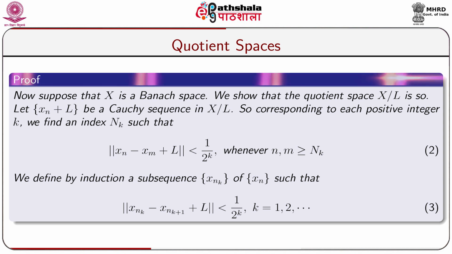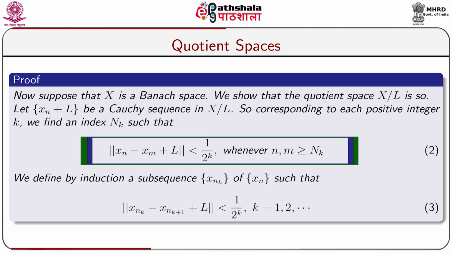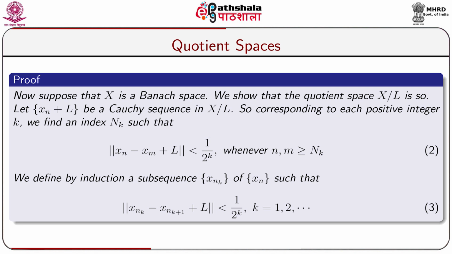So, let us start with a Cauchy sequence. We assume that the sequence xn plus L is a Cauchy sequence in X by L, because xn plus L is an element of X by L. So, corresponding to each positive integer k, we can find an index nk such that norm of xn minus xm plus L is less than 1 by 2 to the power k whenever n, m are greater than or equal to nk.